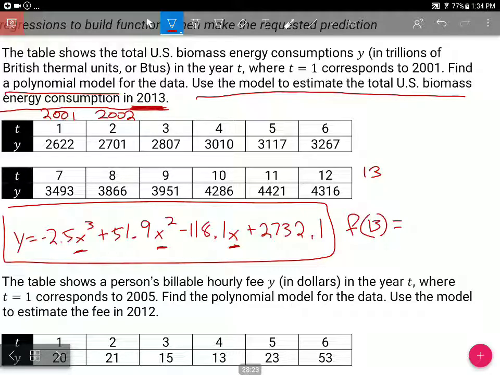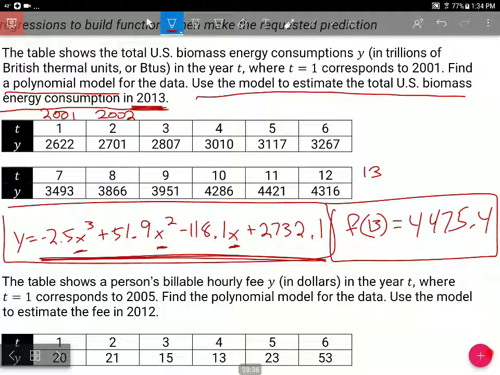I think it's 4475 or something like that. Yeah, I got 4475.4. Yes. We're going with that. Cool. And that's it.